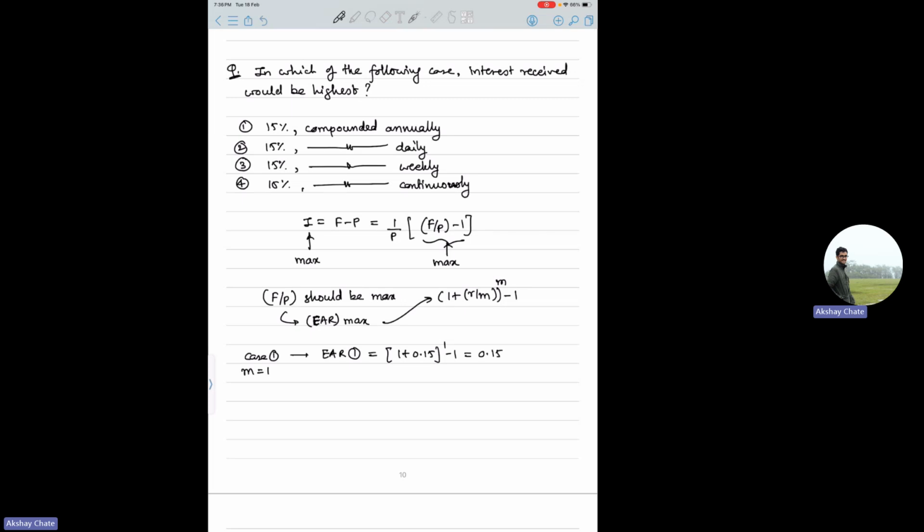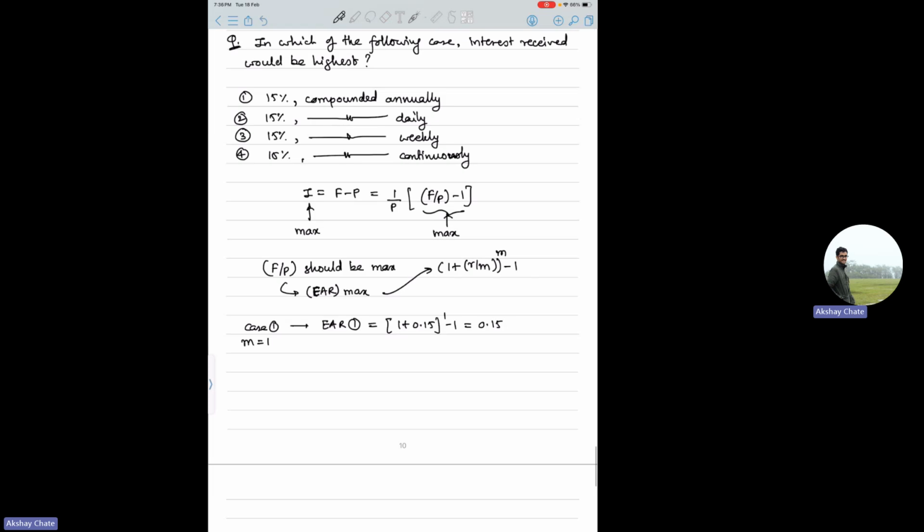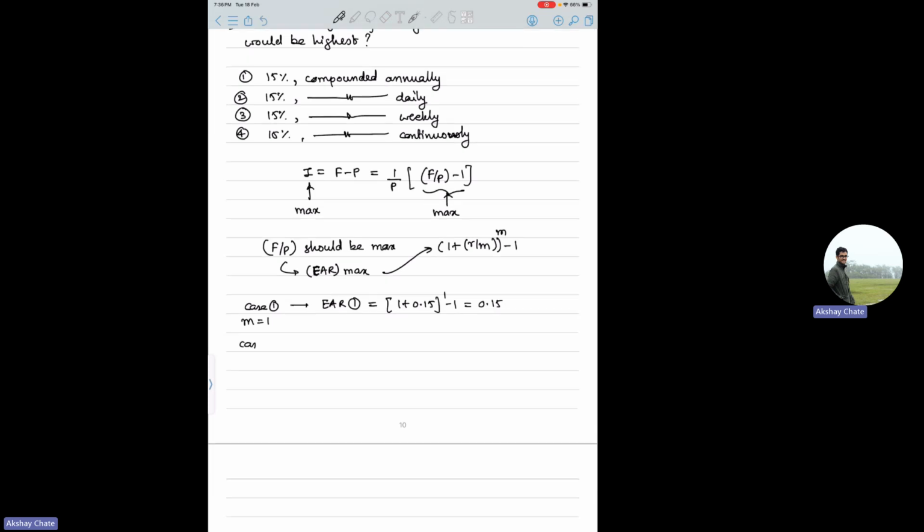That is your effective annual rate. Makes sense, right? Because it's compounded annually. Case 2, your m is daily, so there are 365 days, so your EAR in case 2 would be 1 plus 0.15 divided by 365, power 365, minus 1.